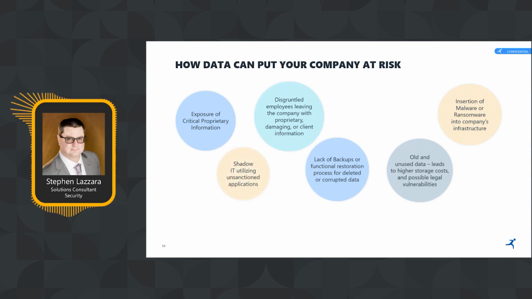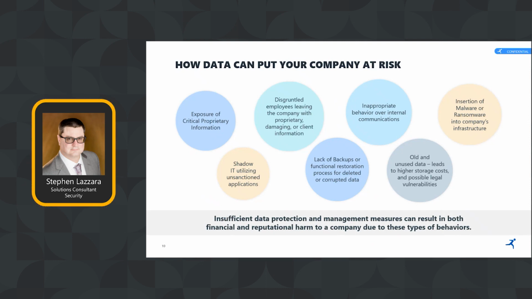You have people leaving, you have shadow IT. All of these things are external factors, and that includes internally inappropriate behavior over internal communication, such as sharing a bad joke that can be taken as an HR complaint and can jeopardize your company.